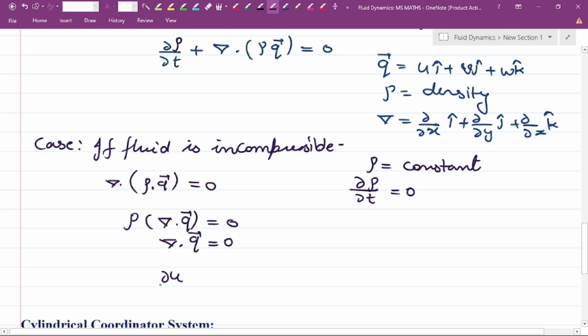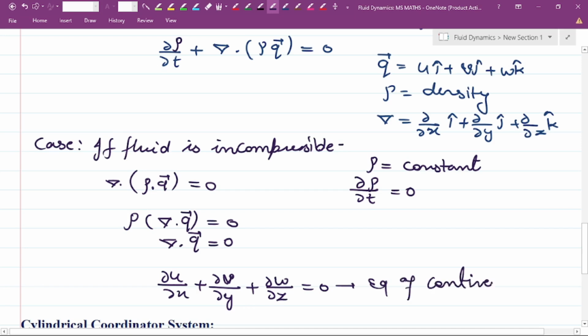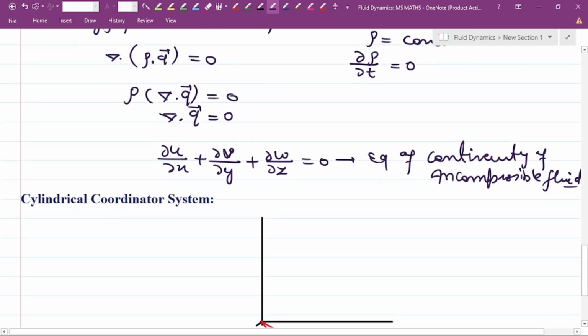It means ∂u/∂x plus ∂v/∂y plus ∂w/∂z is equal to 0. So this is the equation of continuity of incompressible fluid. It is very easy to calculate.